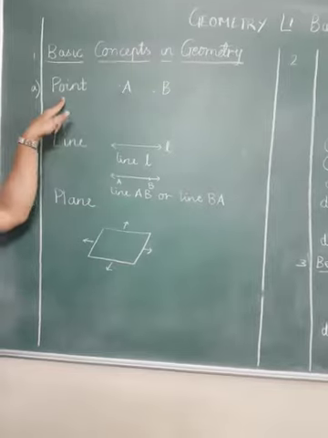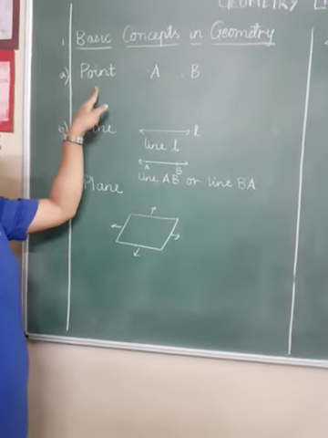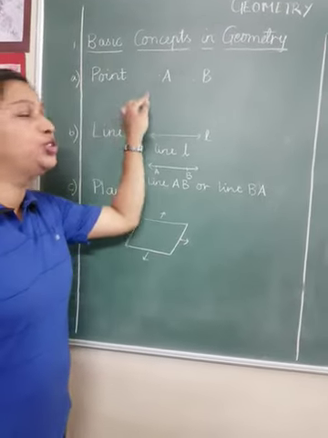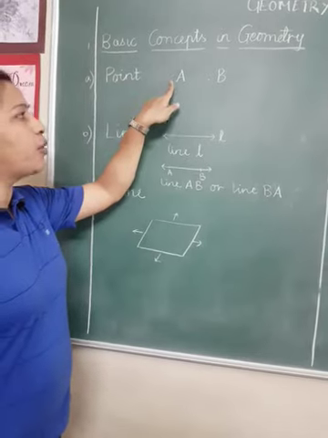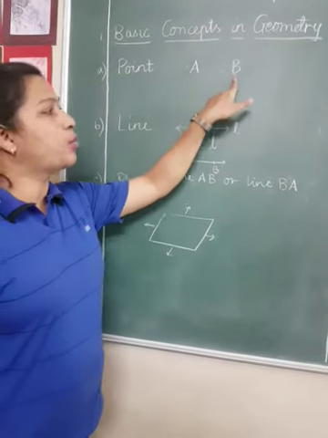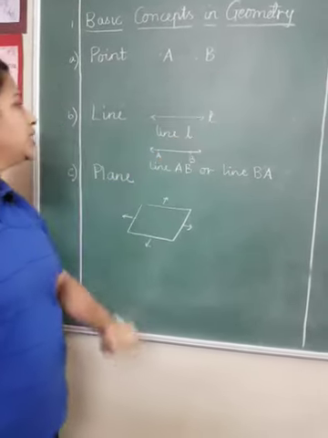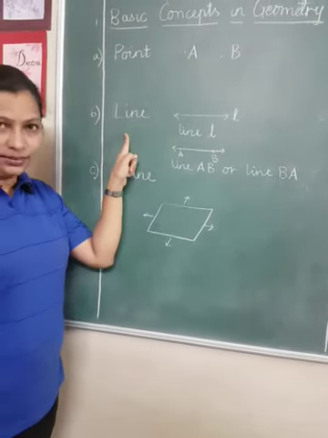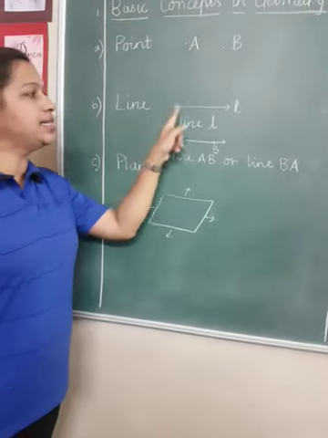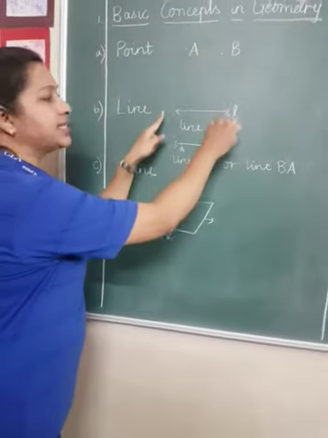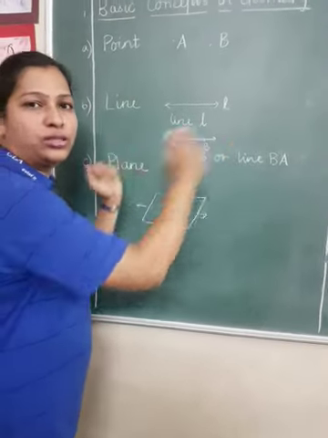Now, a point refers to just a dot. So I can name this as point A, this is point B. Let's move on to the next one, that is line. Now what is a line? It is a set of points which extends indefinitely on both sides.